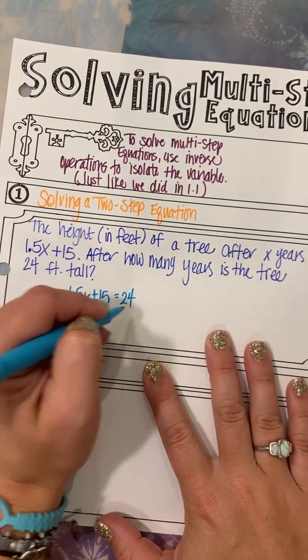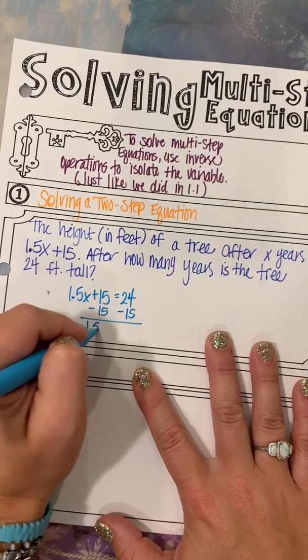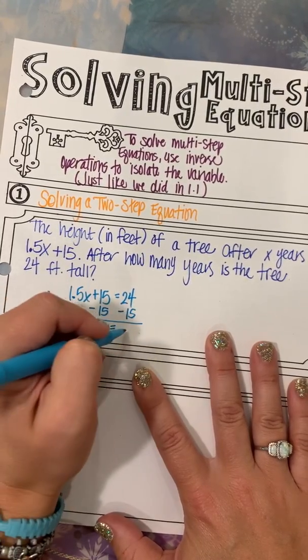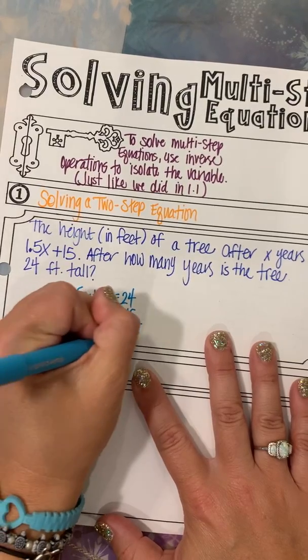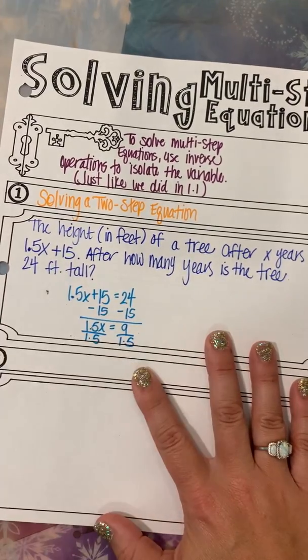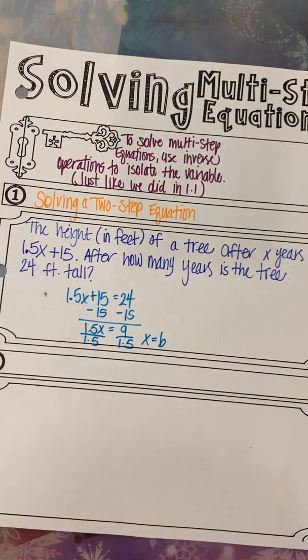So I'm going to subtract 15 from both sides here, and that's going to give me 1.5x equals 9. And then I'm going to divide both sides by 1.5, and that's going to give me x is equal to 6.